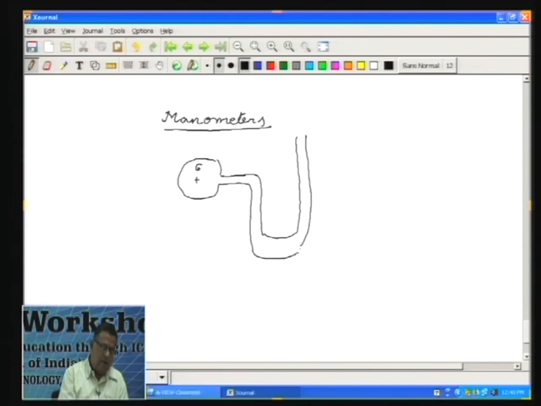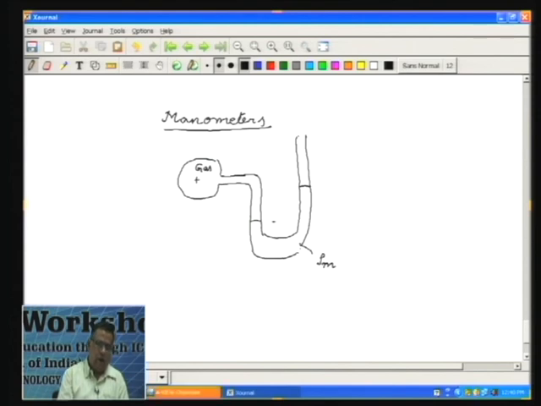You may have a gas over here whose pressure you want to measure, and you have a manometer liquid here. We will say the density of this is rho m. This could be water, it could be mercury, whatever it is, and this side is open to the atmosphere.